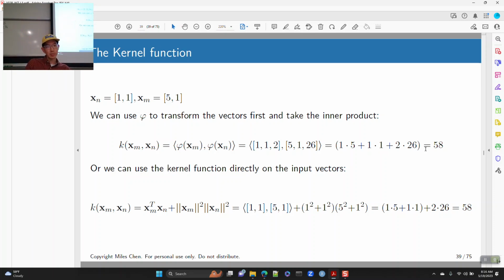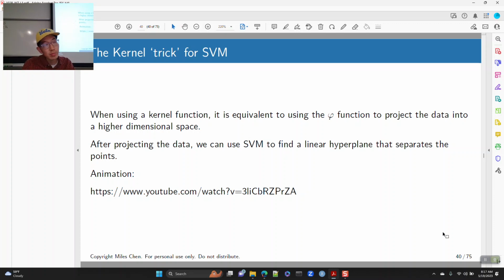We can also, without having to do the transformation and then the inner product, use this function and get the same values. Is that okay? So that's one way for us to do this.